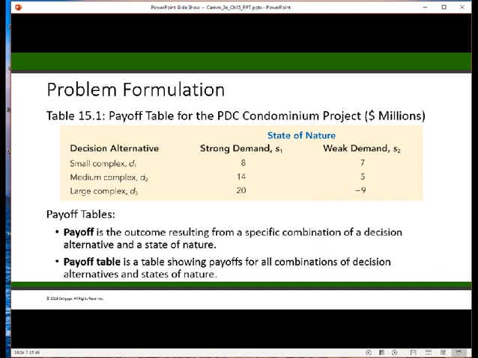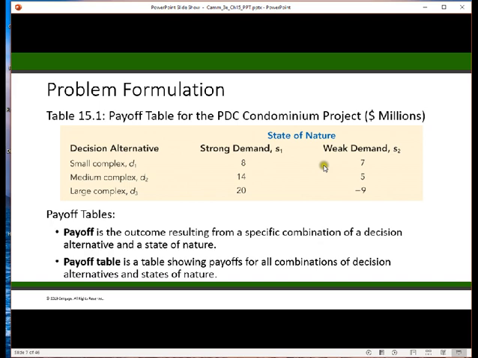One of the first things we're going to do is work with management to develop a payoff table for the condominium projects. A payoff is the outcome resulting from a specific combination of decision alternative and state of nature.